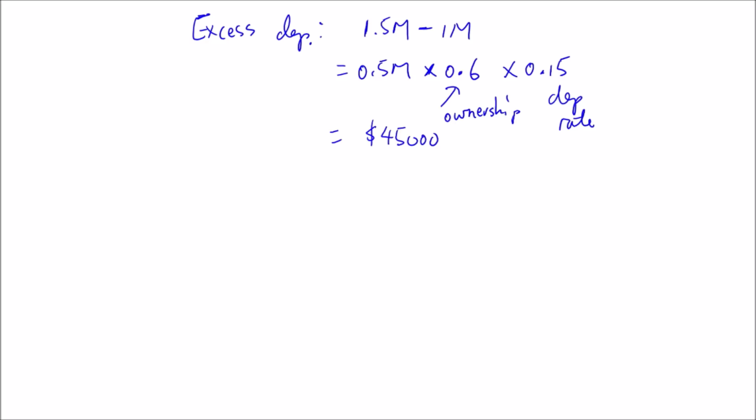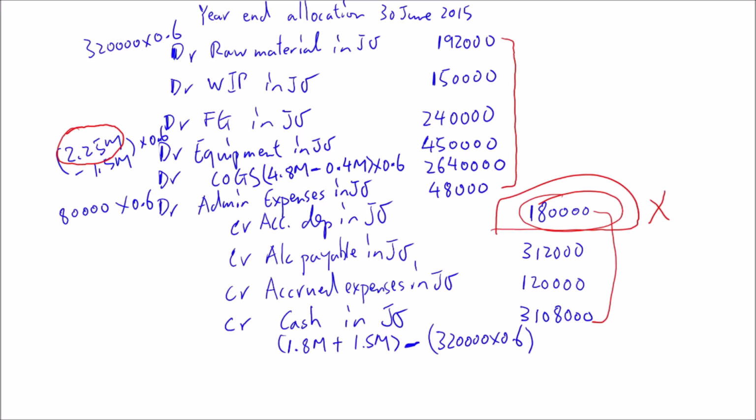After that, you know that the entire amount of depreciation, this one is part of the cost of production. As a result, we need to allocate this excess depreciation across different costs on a proportional basis. So we need to create a little table for the working. First of all, we need to write down the balance of WIP, finished good, and cost of goods sold. And that amount is all going to be based on the journal that you create.